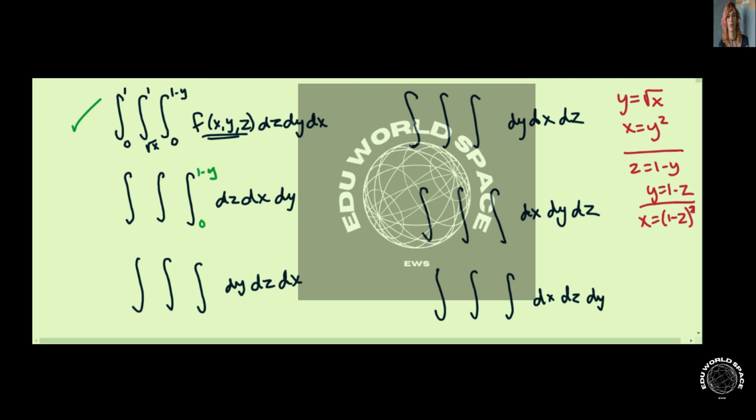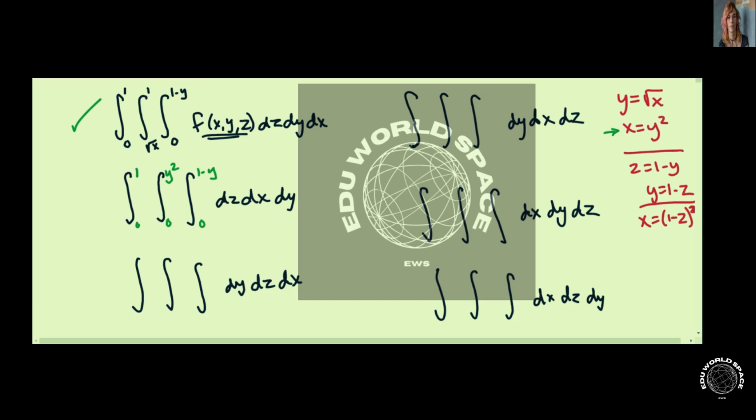That's a later variable down the road, so I can write it like that. Next, I have x. Now I have to put x in terms of y. x is going to go from 0 to y squared. We know that x equals y squared. It's one of the things I put over here in red. I put a little green arrow next to it so you can see it there. Okay, and then I know then that y is going to go from 0 to 1.